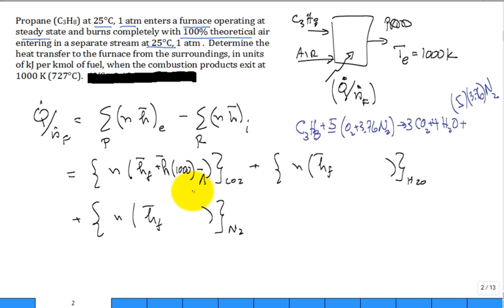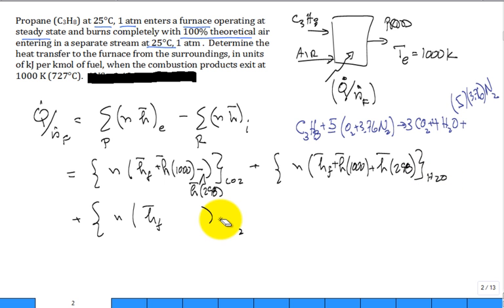Minus the molar enthalpy at 298 for the CO2. So likewise, it'll be the molar enthalpy of 1000 Kelvin for the water, minus the molar enthalpy at 298 for the H2O, plus molar enthalpy at 1000 Kelvin minus molar enthalpy at 298, close paren.